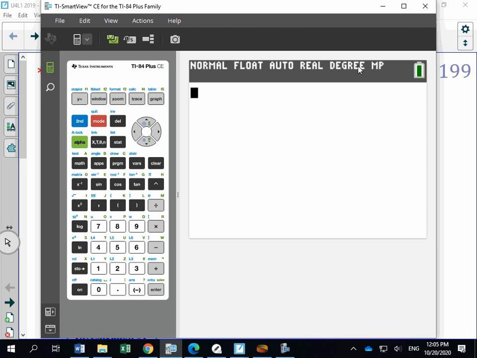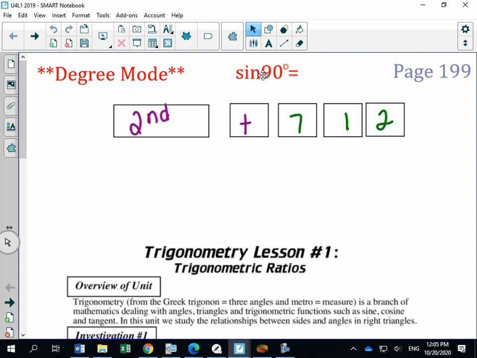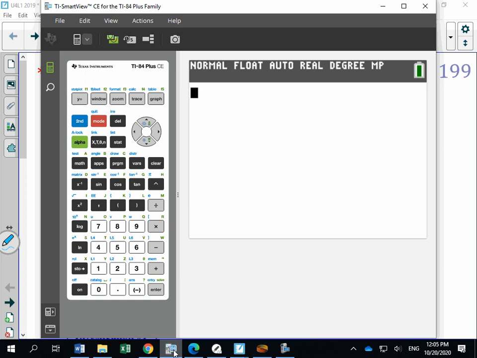The test for being in degree mode is something I always tell students to memorize: the sine of 90 degrees, even though we haven't started trig, the answer is 1. When I give you your quiz on Friday, I'm going to say, everybody type in the sine of 90, and make sure that a 1 spits out.